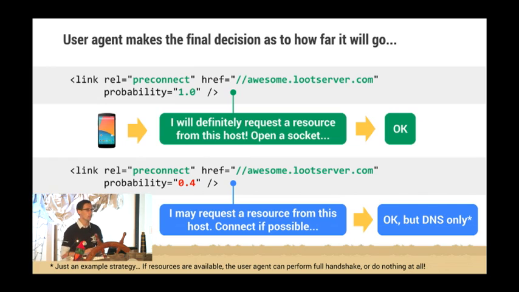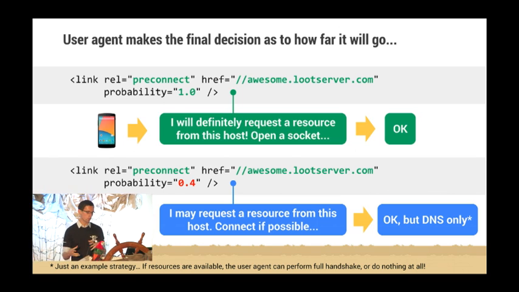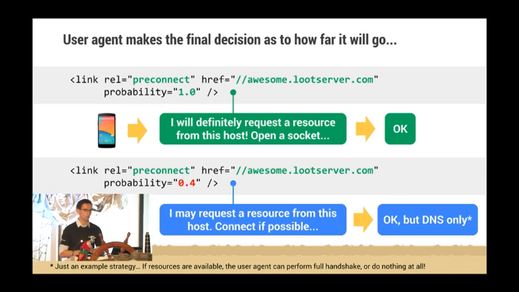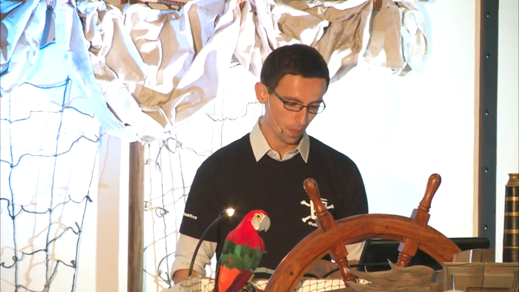But for a low probability hint, something like 0.4, where you may or may not use this, and I happen to be running low on battery, maybe I'll skip the hint entirely, or maybe I'll just do the DNS pre-connect, or the pre-resolve, rather. So the user agent reserves the right to shift some of the work and figure out the optimal strategy to improve the user experience here.